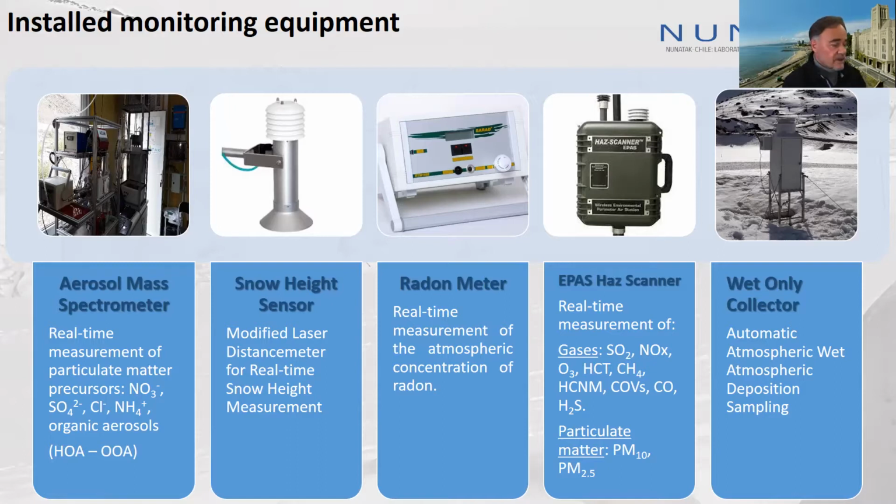In this case, we have this aerosol mass spectrometer from the firm Aerodyne, a snow height sensor, a radon meter for real-time measurement of the atmospheric concentration of radon to assess the planetary boundary layer, an SMPS scanning mobility particle sizer for real-time measurement of gases and particles, and the wet-only collector, an automatic wet atmospheric deposition sampler for snow or for rain.